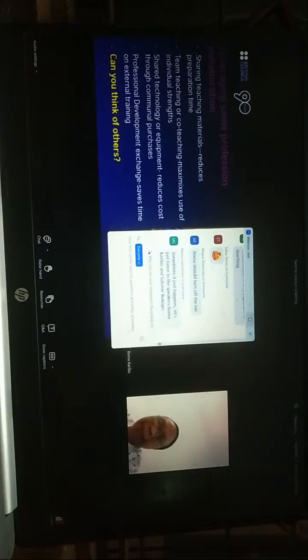Could I share with others, maybe come together, divide or share the cost of buying the materials, and so it becomes less expensive for one person? How about professional development exchange? It saves time. So when we collaborate with others, we're able to save time on all of this, thereby giving us more time for other things.